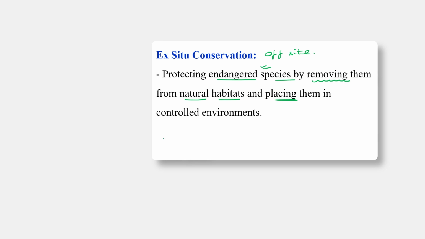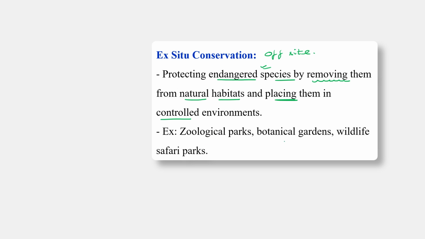So ex situ conservation means protecting endangered species by removing them from the natural habitat and placing them in a controlled environment. Clear? There are certain examples, like zoological parks, which are present in urban areas. Botanical gardens are present in urban areas, right? Wildlife safari, park safari. Tata Safari is a type of car, and cars are mainly present in urban areas, right?